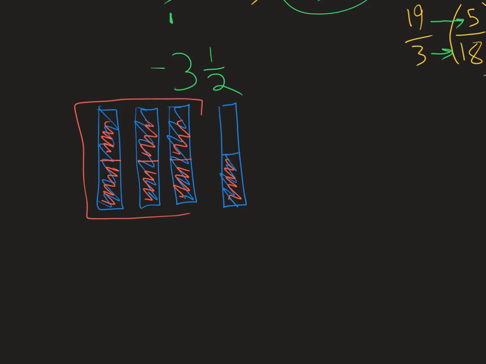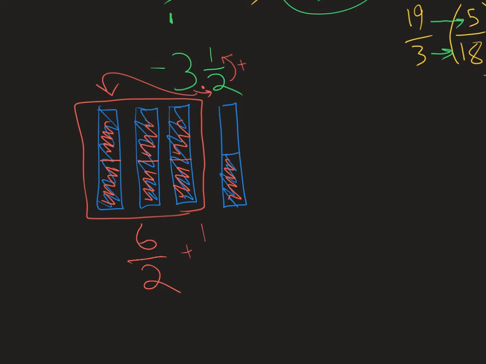So to understand how we get this part of it without having to draw it all out, we're just multiplying. 3 times 2 is 6. That step right there shows us all the whole candy bars turned into halves. So that's 6 pieces of size half. 3 times 2 is 6. And we keep going, and we add the half that we already had to begin with.